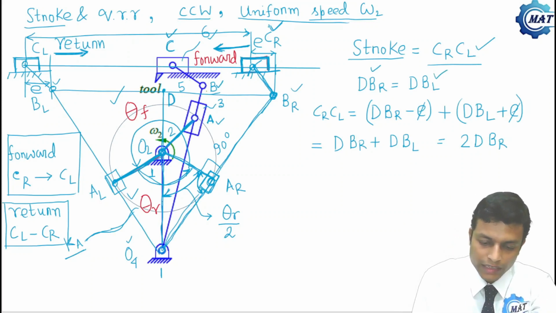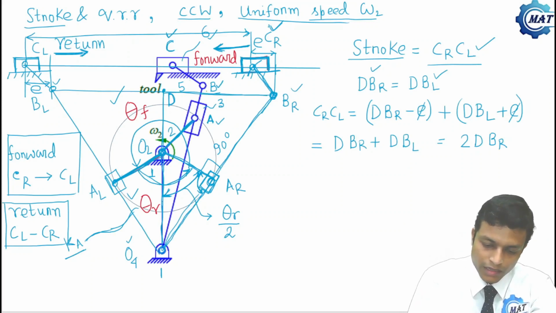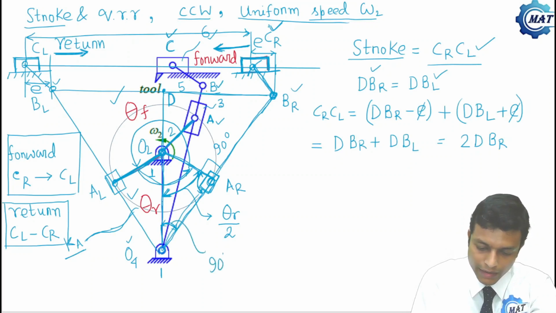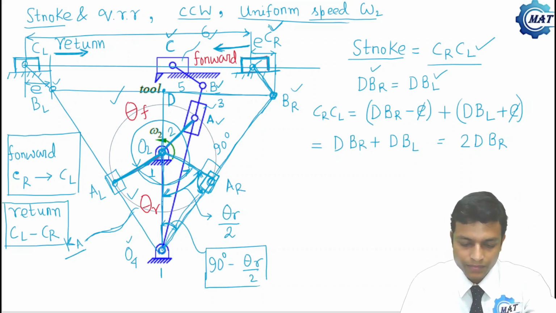Now what is the expression of DBR? This angle is theta R by 2. So this angle is 90 degree minus theta R by 2, because we have seen that this angle is 90 degree and triangle O4 O2 AR is a right angled triangle.